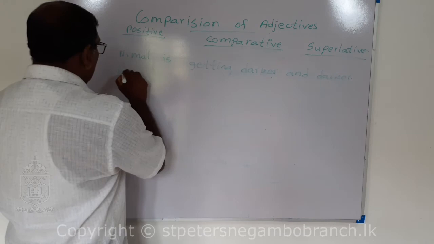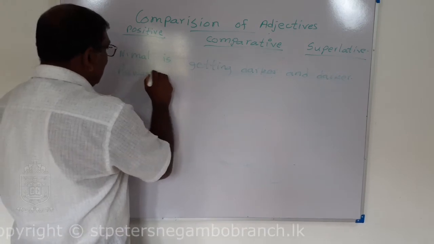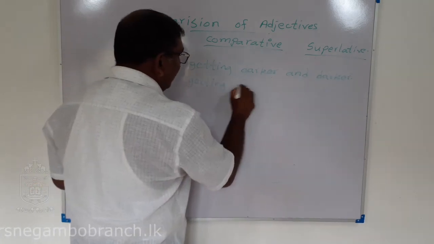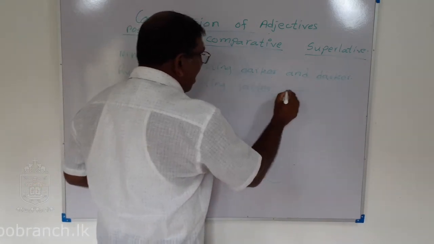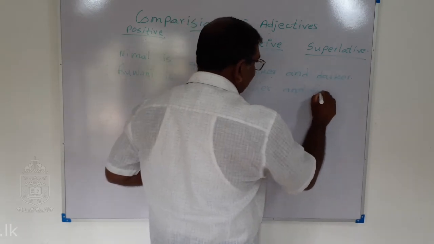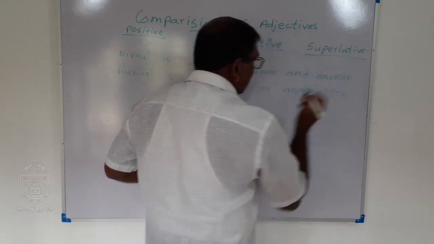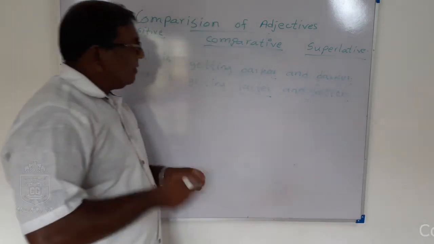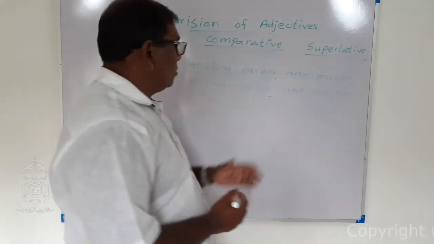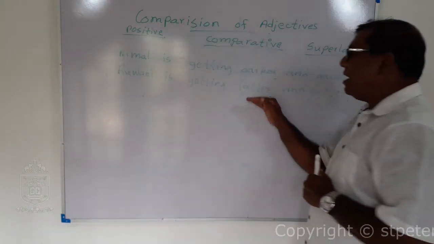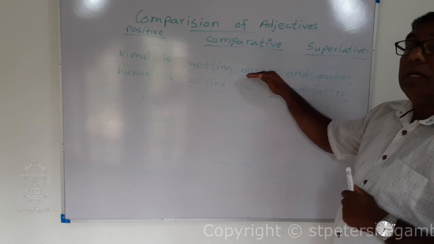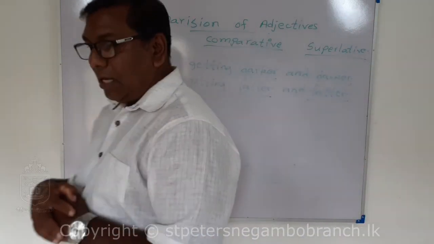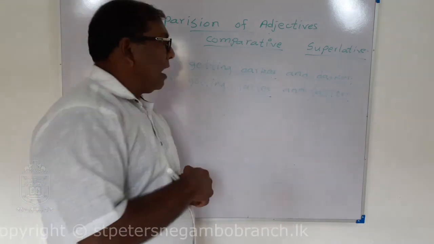We can say Ruani is getting fatter and fatter. It means she is getting fatter and fatter. So if we want to express that idea, we have to double the comparative form like this. So you have to remember that one also well.